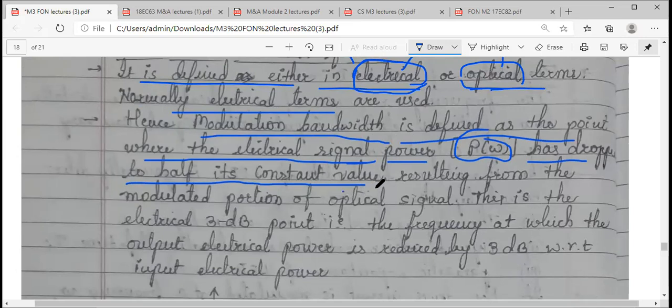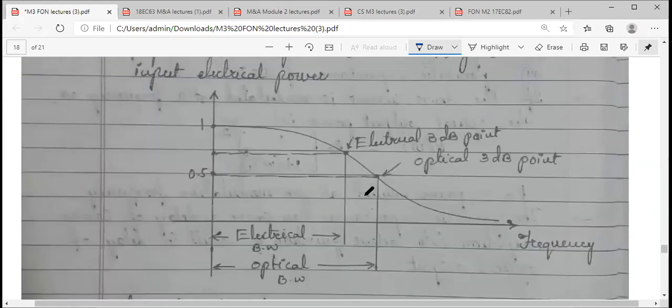It is a constant value that results from the modulated portion of the optical signal. If you see this curve, this is the electrical 3 dB point. I forgot to mention the point here: it is 0.707. Generally, when we go for half powers, you remember it is 1 by root 2 times, that is 0.707 times, the 3 dB roll off.